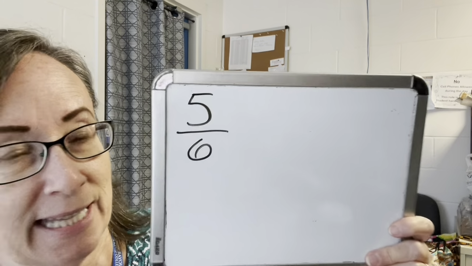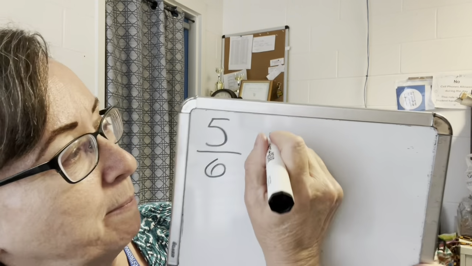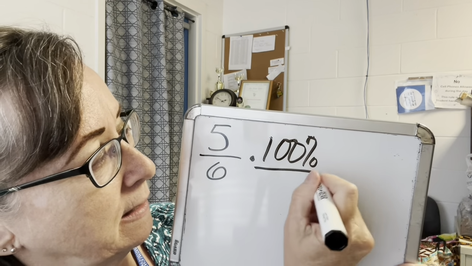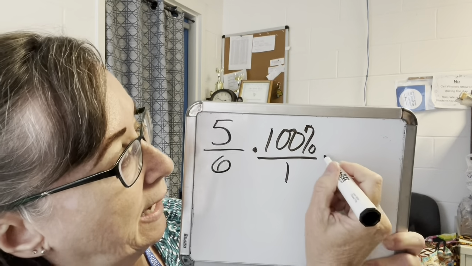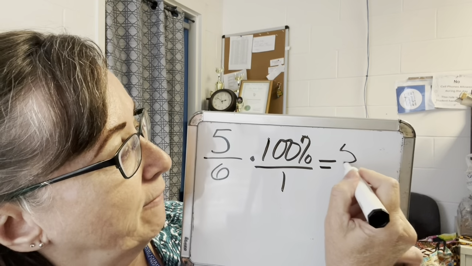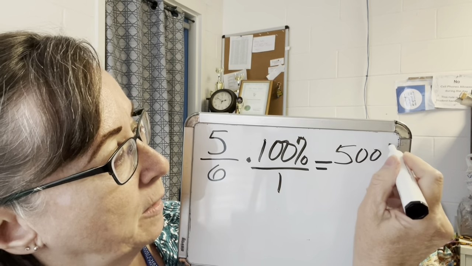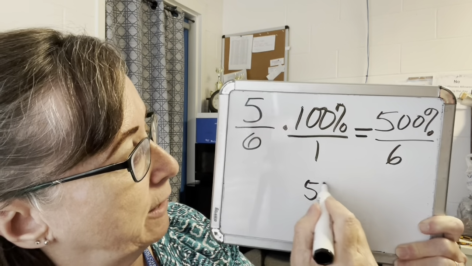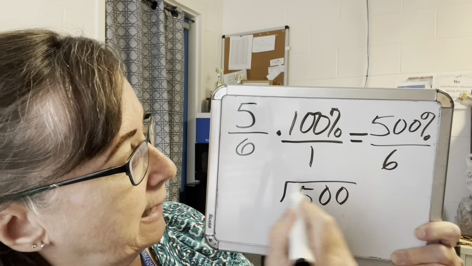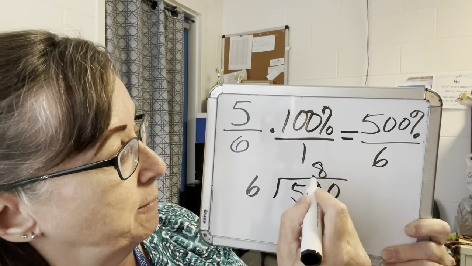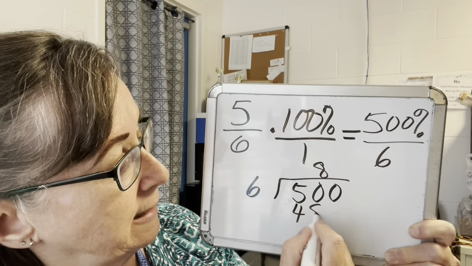Okay, then the next example is 5/6. So we're going to multiply by 100%, which is 1. And then we're going to end up with 5 times 100, which is 500% over 6. So now we have to divide 500 by 6. 6 goes into 50 8 times. 8 times 6 is 48.